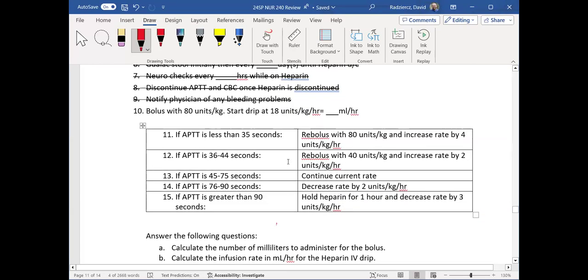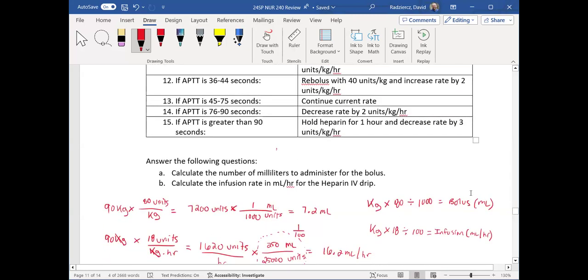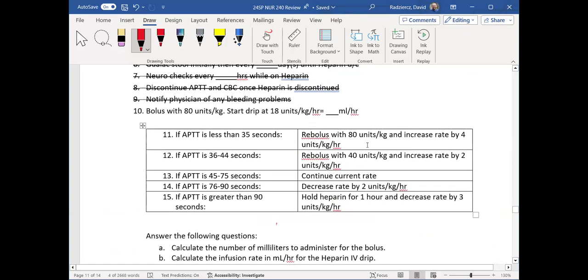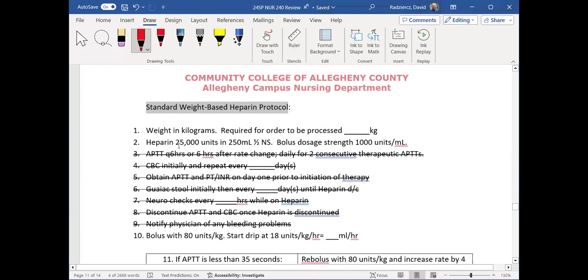Okay. So as long as it's listed that way, then this will apply. But I have seen alternatives to this question where they use 25,000 units in 500 milliliters half normal saline, but it wasn't the standard weight-based heparin protocol. It was a completely different type of question.